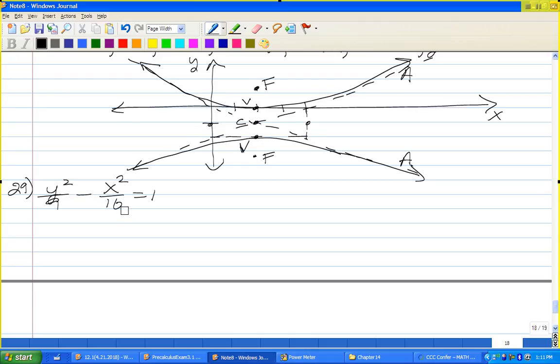So in this case, the center is at the origin.